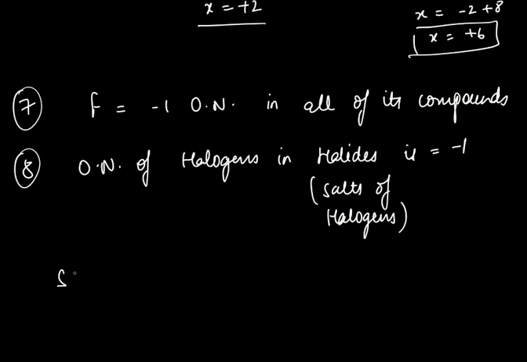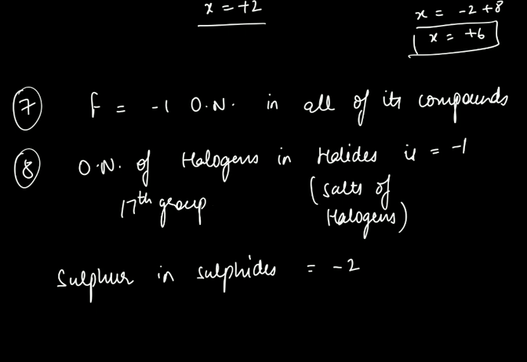Sulfur in sulfides is going to be -2. Halogens are nothing but group 17 elements. From left to right, the 17th column: fluorine, chlorine, bromine, iodine. If they make salts with group 1 or group 2 elements, we call them halides, because they have the tendency to form salts with group 1 and group 2 metals.